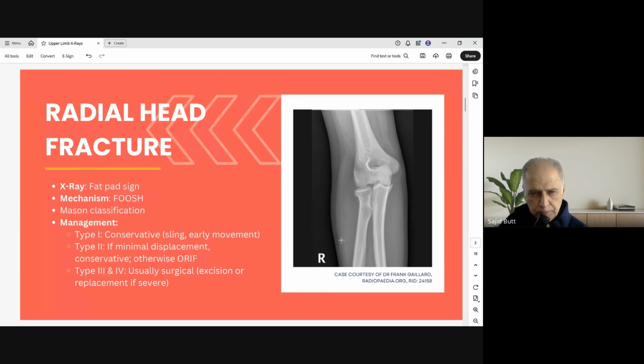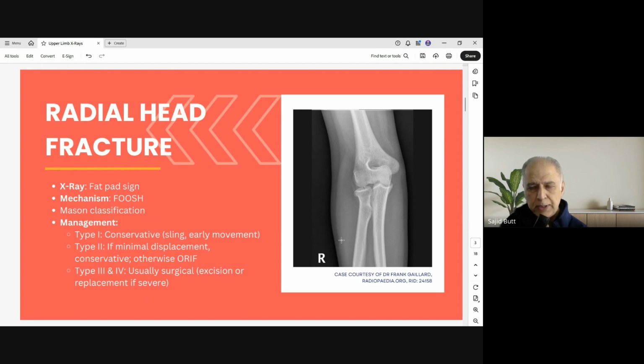In the elbow joint, you obviously have to look carefully at the outline of the cortex of various bones and see if there is any break in the continuity, which would signify the presence of a fracture. And the fracture lines, you can have black fracture lines, which means that there is a bit of distraction of the fractured bone margins, or you could have a white fracture line in which the fractured bone ends have actually impacted against each other.